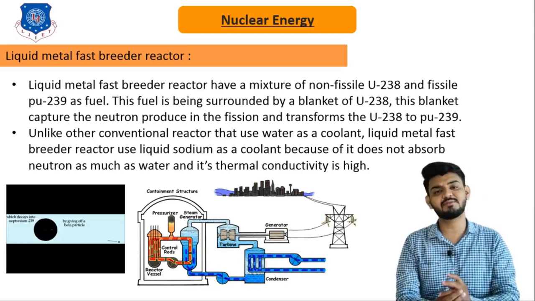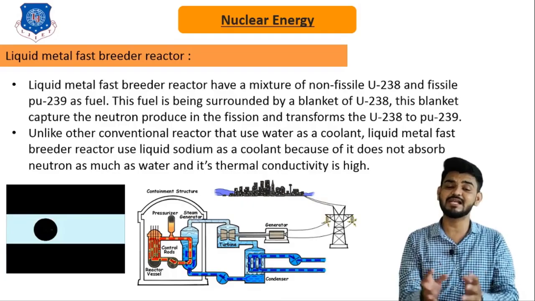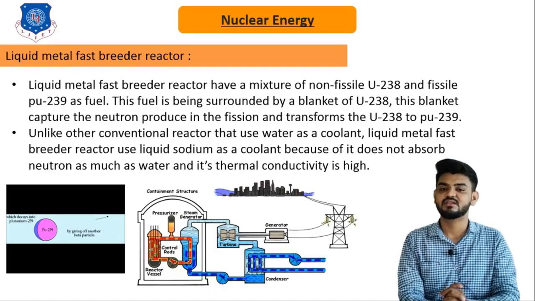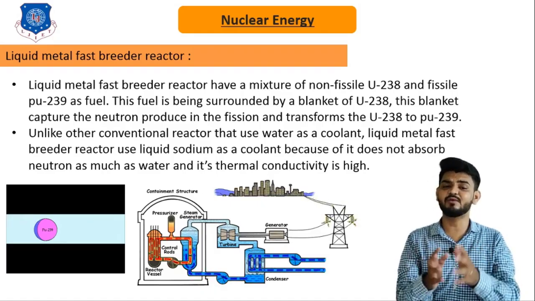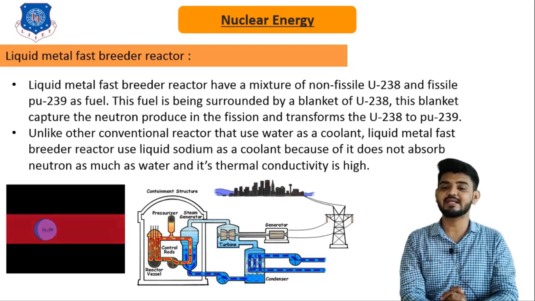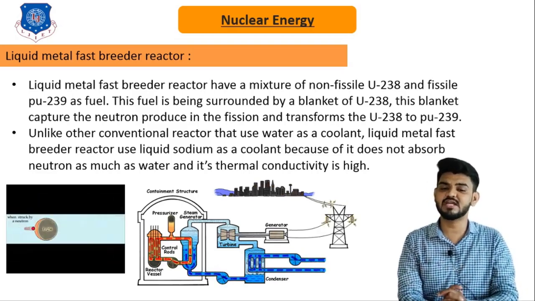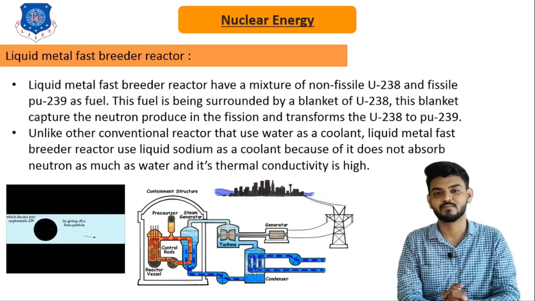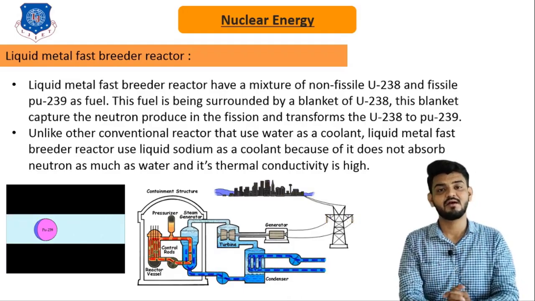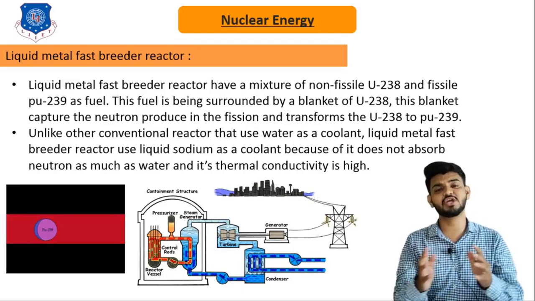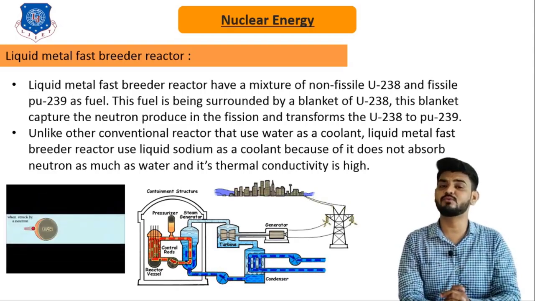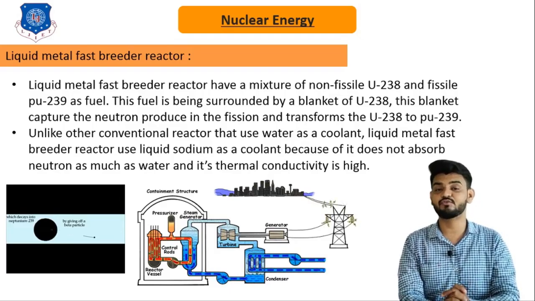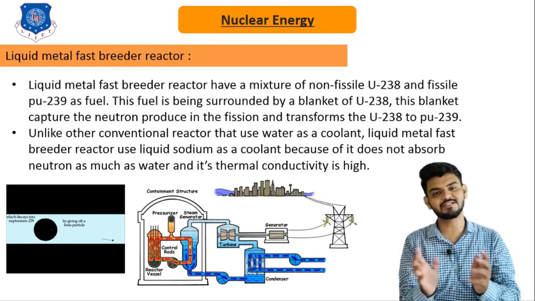Well, the liquid metal fast breeder reactor has a mixture of non-fissile uranium-238 and fissile plutonium-239 as fuel. This fuel is surrounded by a blanket of uranium-238. This blanket captures the neutrons produced in the fission and transforms the uranium-238 into plutonium-239.